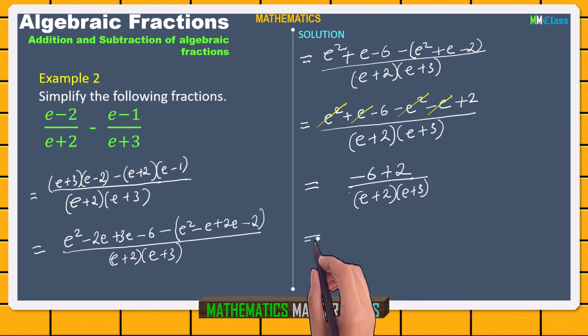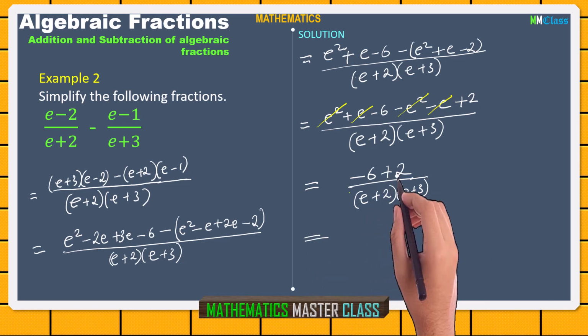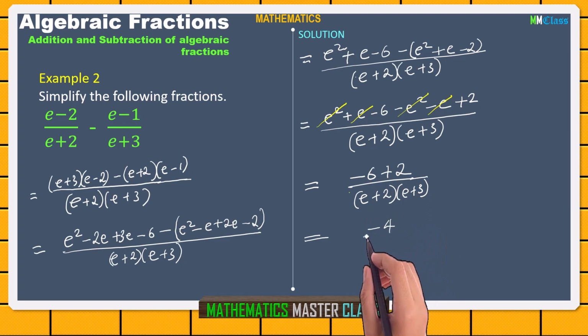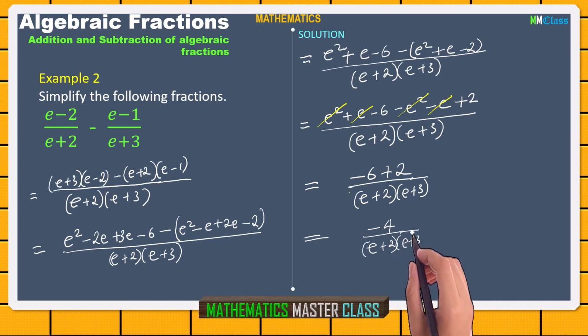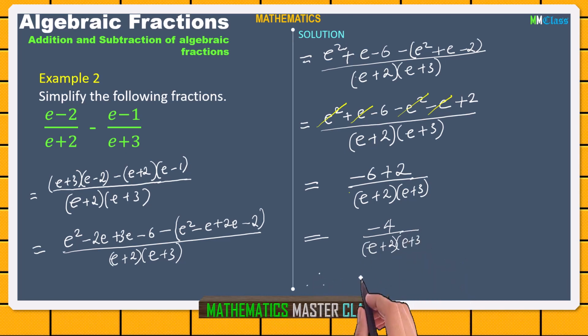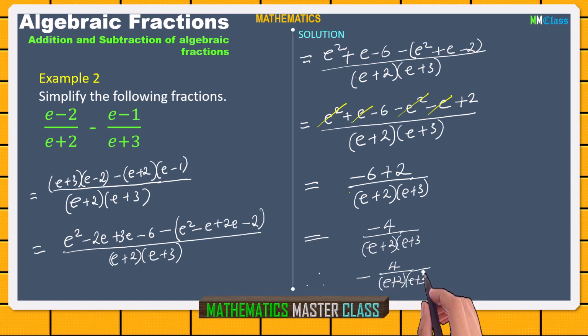So this will be equal to our final answer. You see, minus 6 plus 2 is minus 4, all over (e plus 2), then (e plus 3). Therefore, the final answer will be minus 4 over (e plus 2) times (e plus 3). So this is what we have as the final answer for this question.